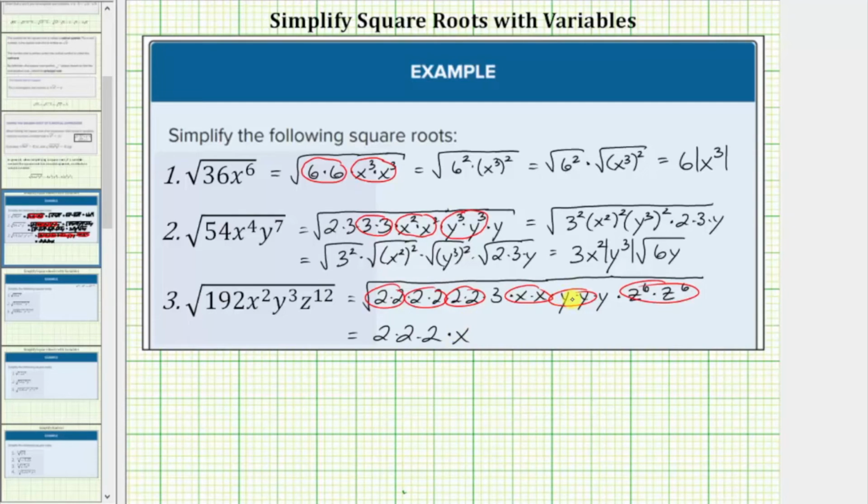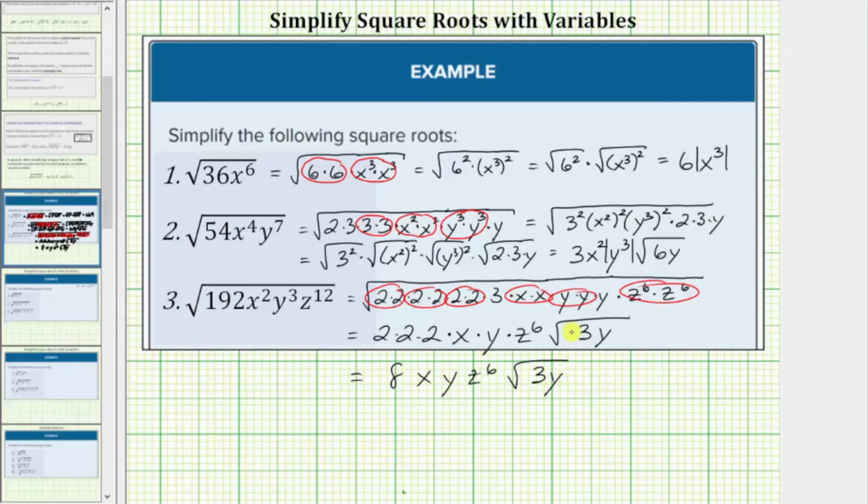The square root of y times y simplifies to one factor of y. And the square root of z to the 6th times z to the 6th simplifies to one factor of z to the 6th. And we're left with the square root of 3 times y, or 3y. Simplifying one last time, 2 times 2 times 2 is 8, and therefore this simplifies to 8xyz to the 6th times the square root of 3y.